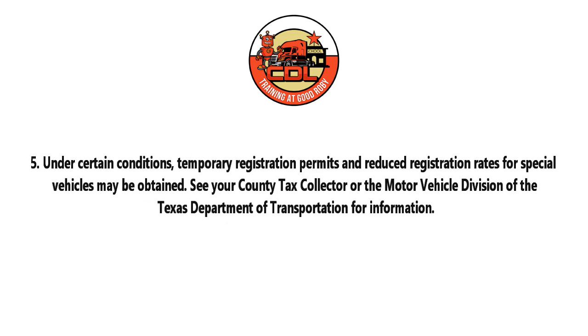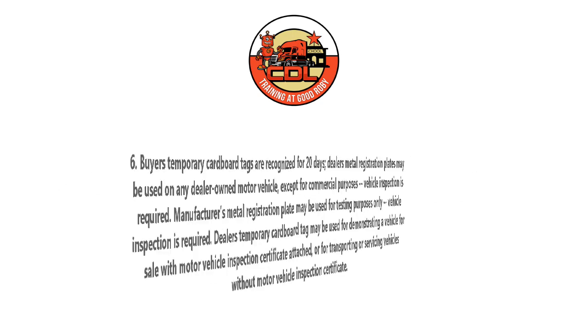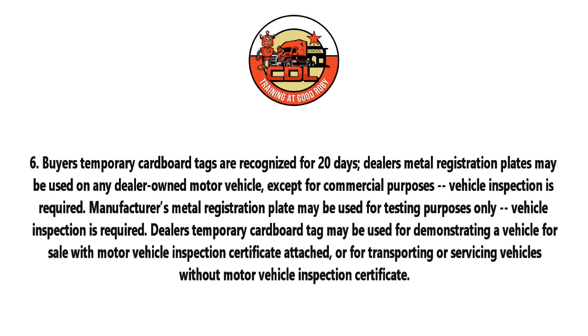5. Under certain conditions, temporary registration permits and reduced registration rates for special vehicles may be obtained. See your county tax collector or the Motor Vehicle Division of the Texas Department of Transportation for information. 6. Buyers' temporary cardboard tags are recognized for 20 days.